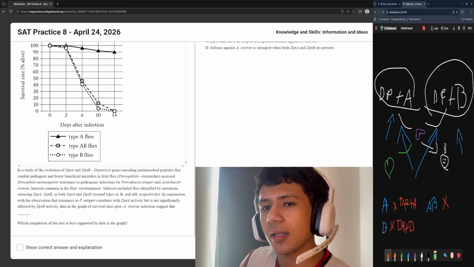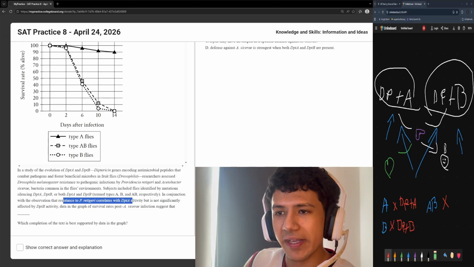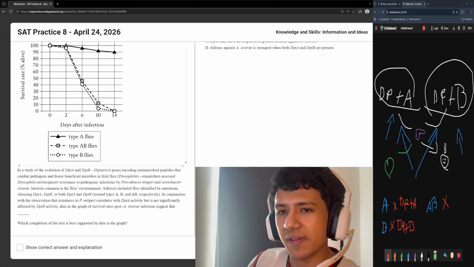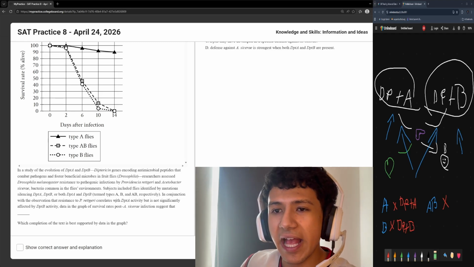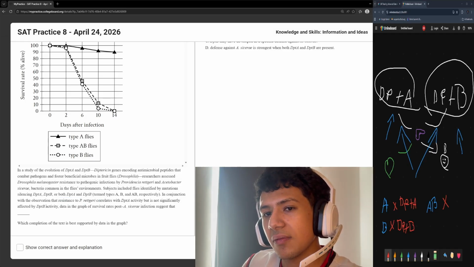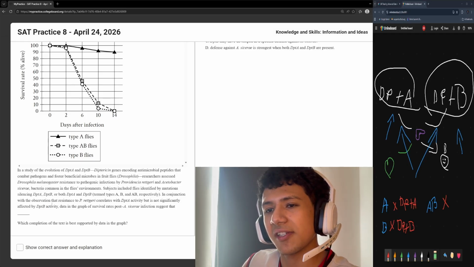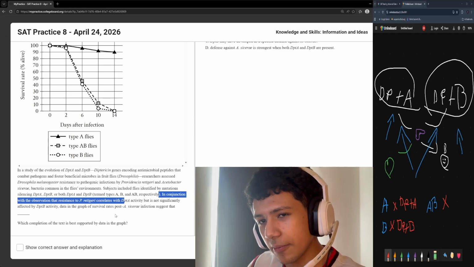Okay, so this is saying that resistance to P. reitgeri correlates with DPTA, but not with DPTB. This is saying that if a fruit fly has the gene DPTA, it can be resistant to the bacteria PR. But DPTB doesn't help resist that bacteria. It's mainly the DPTA that helps with that bacteria.